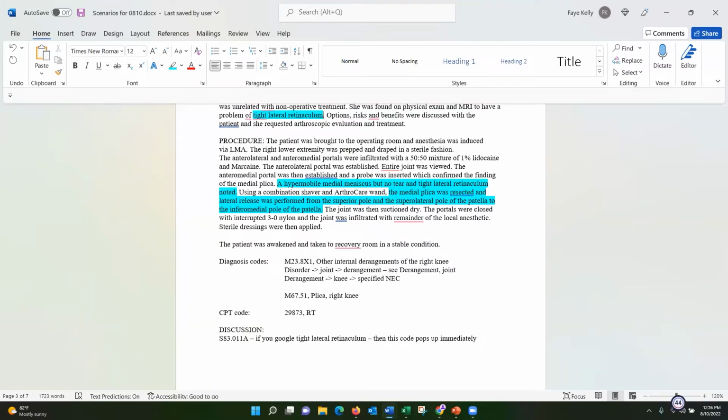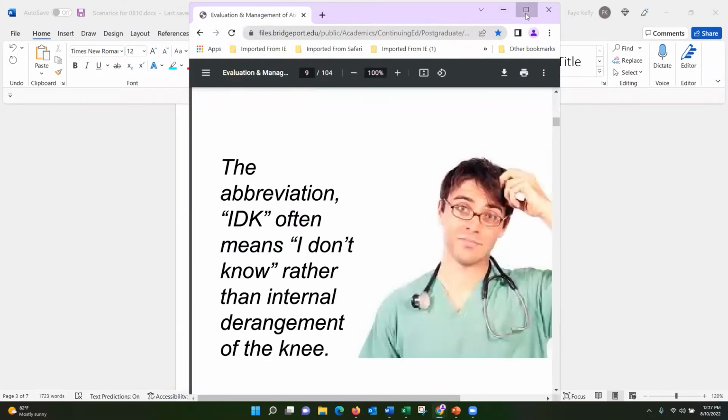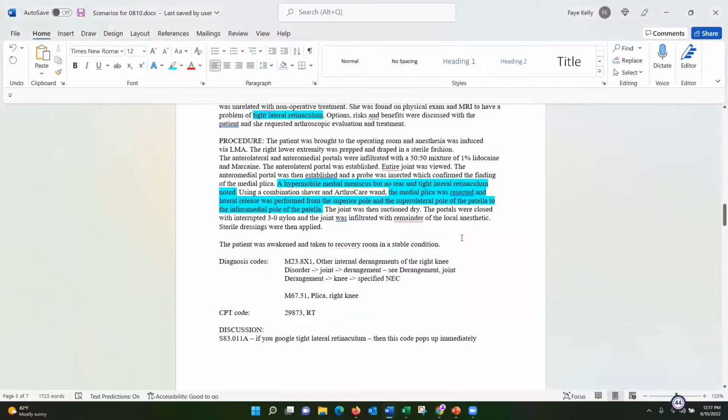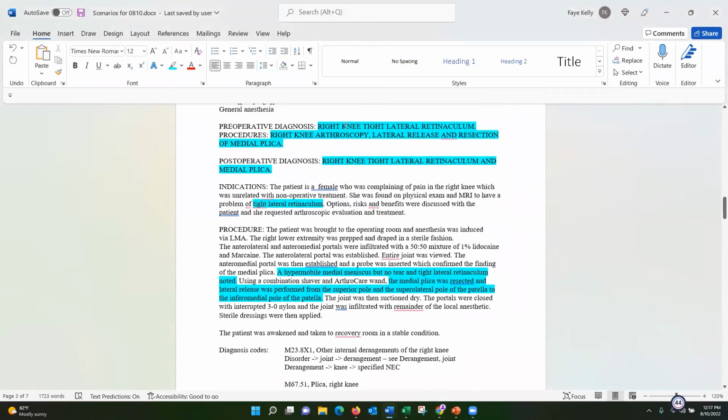I think the codes on the CPT, everyone got that. I want to talk about the diagnosis, and I want to show you something that I was able to find this week. We have the right knee lateral retinaculum.